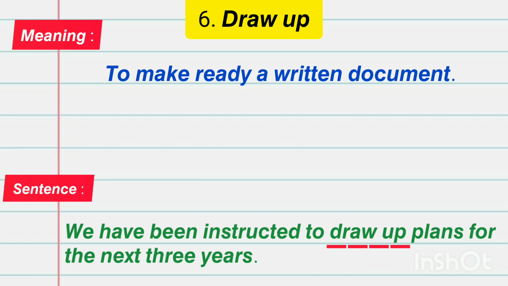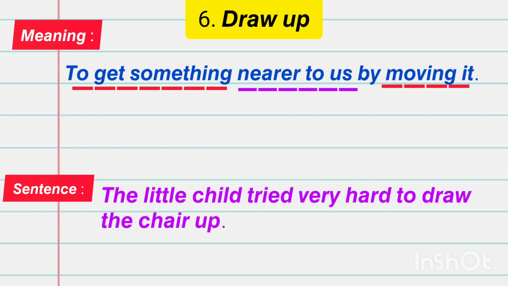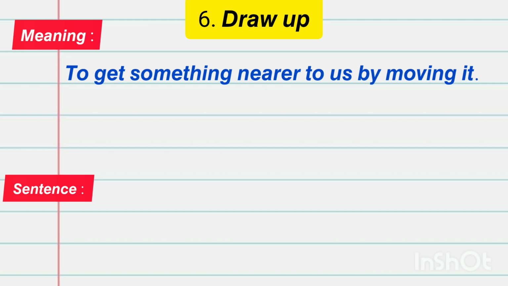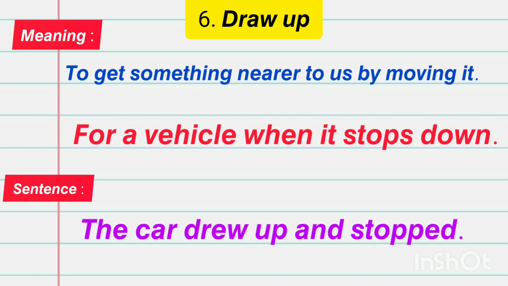To draw up can also mean to get something nearer to us by moving it. For example, the little child tried very hard to draw the chair up. We also use draw up for a vehicle when it stops down. Example, the car drew up and stopped.